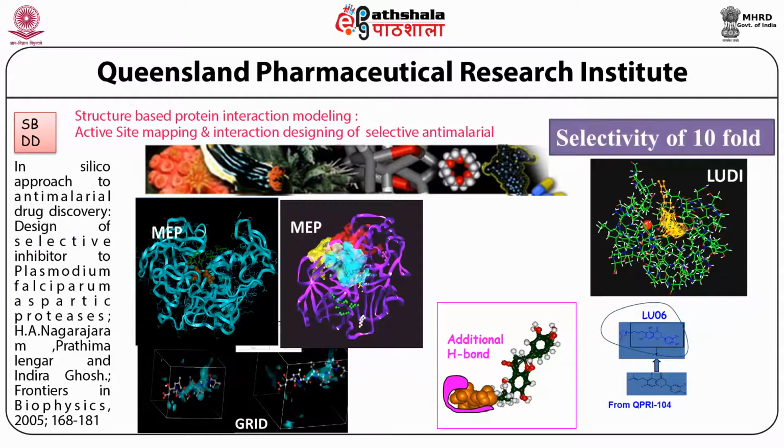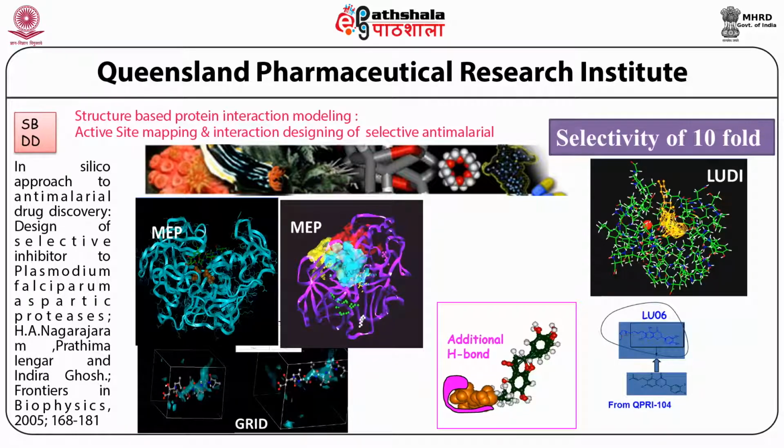Using another software called Ludi, whose new versions are now available on BioVia, and also freely downloadable for academics, in the GrowMol software package, it takes the interactive sites, puts in the molecule which we already got by screening, and designs different kinds of small fragments, and then identifies which can have the best interaction.